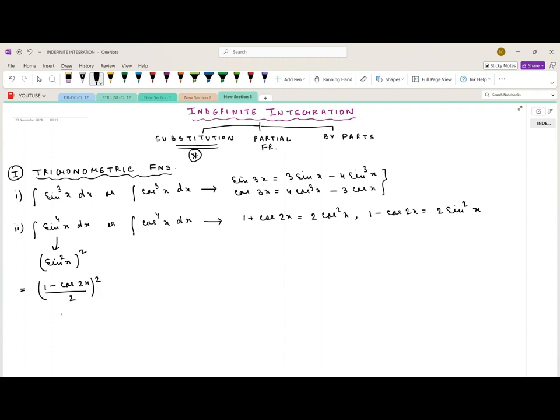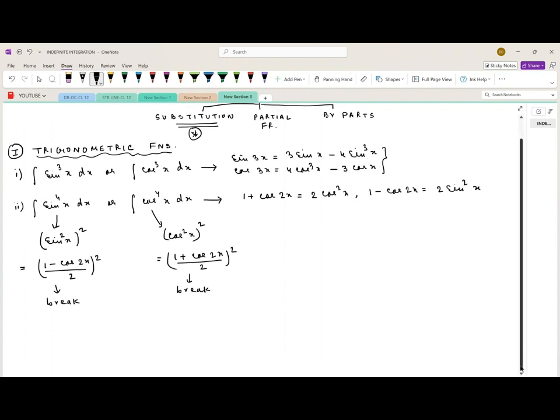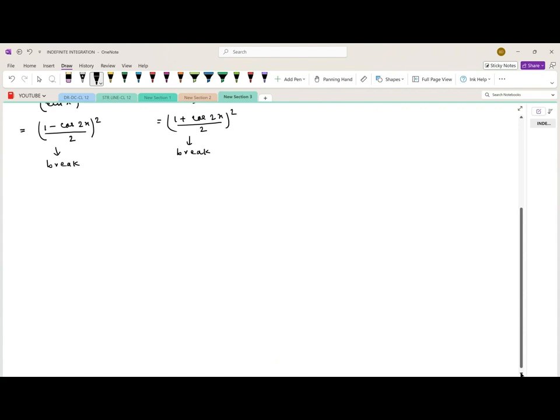Now if you break the square, then it becomes easily integrable. Similarly here, you will do cos square x whole square, and then cos square x is 1 plus cos 2x by 2 whole square. Again, break the formula, and then you can easily integrate it. So this is the second type that you have.